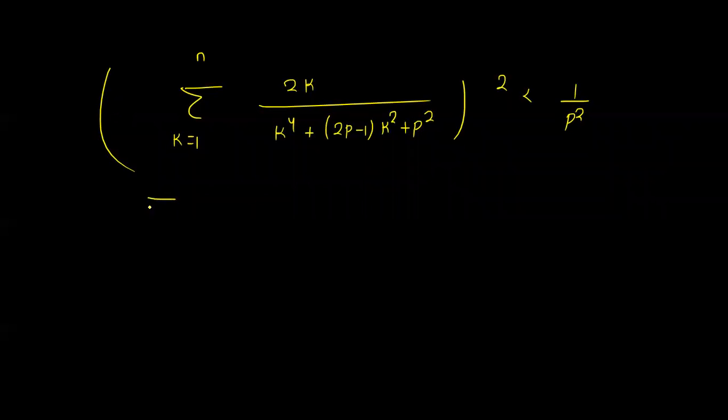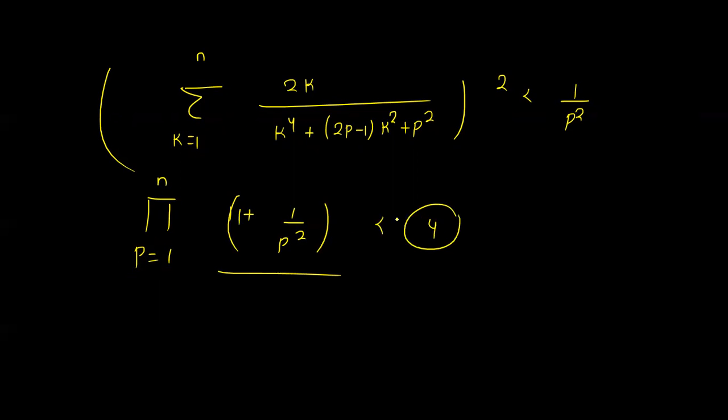So the product will become, p from 1 to n, 1 plus 1 by p square. So now we have to prove that the value of this product is less than 4.